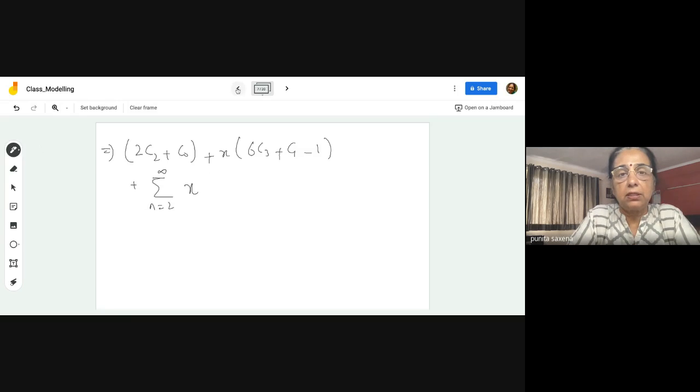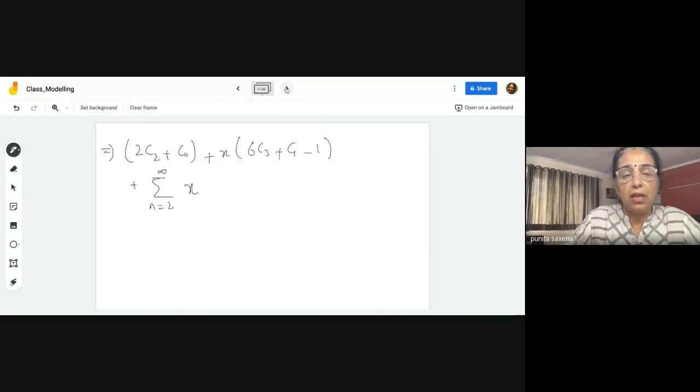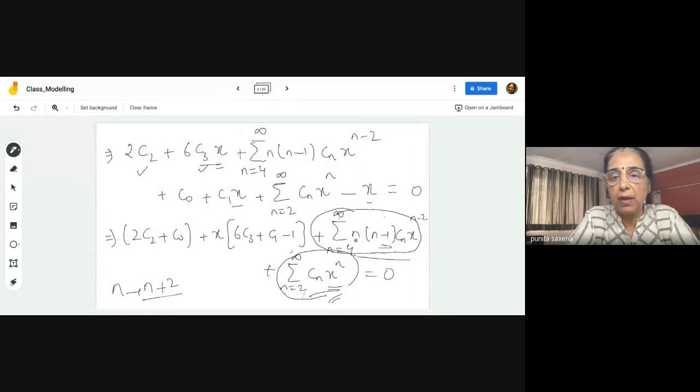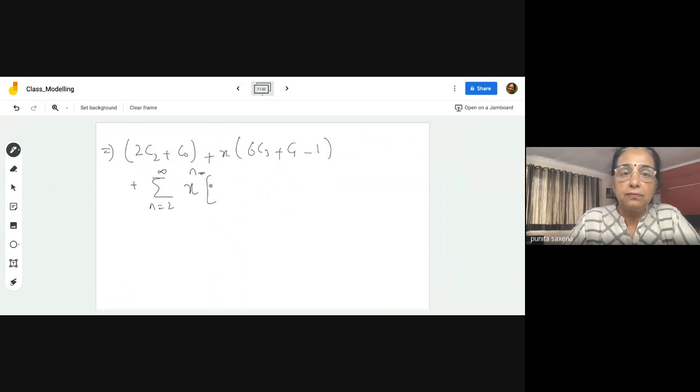Just a minute, let me check it. Yeah, I had x to the power n minus 2, so I'm changing n to n plus 2, so I will have x to the power n. And since I have changed n to n plus 2, I'm going to have, I'm sorry, I have to refer back, n plus 2 into n plus 1. n plus 2, n plus 1, c n plus 2.